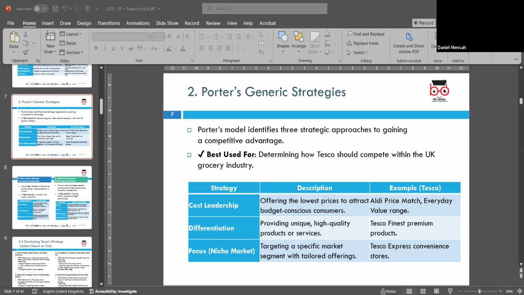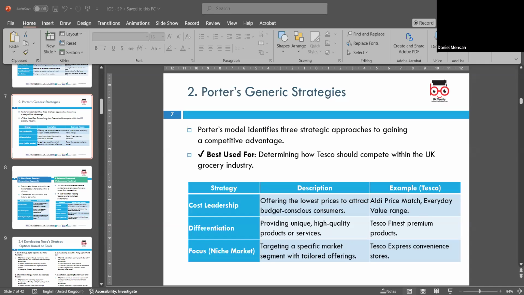And the last one is focus, or niche. This strategy is suitable for companies targeting a specific niche market. It is ideal for businesses that can cater to a small segment of customers with either a cost focus or a differentiated approach.